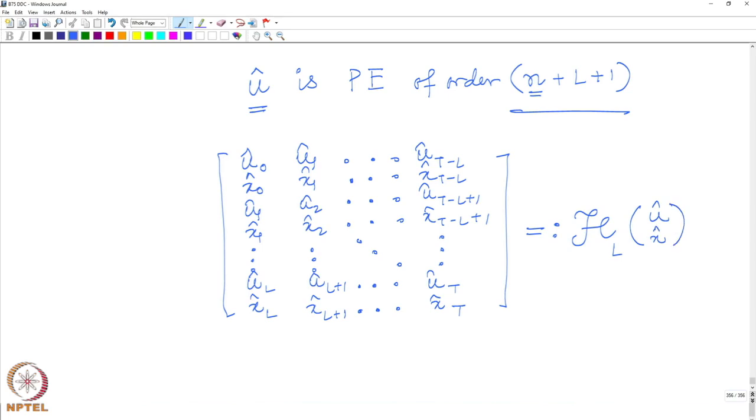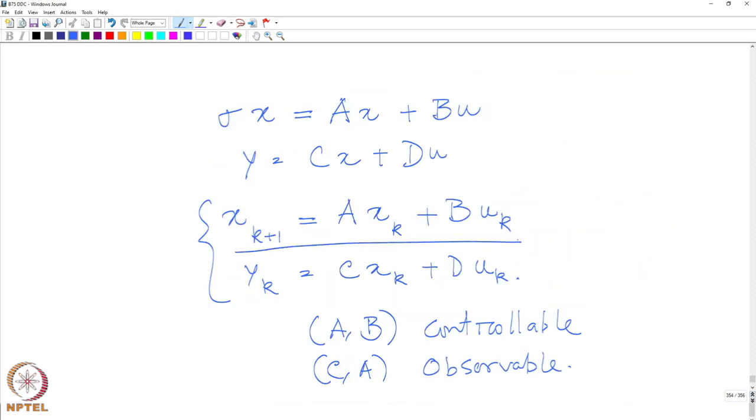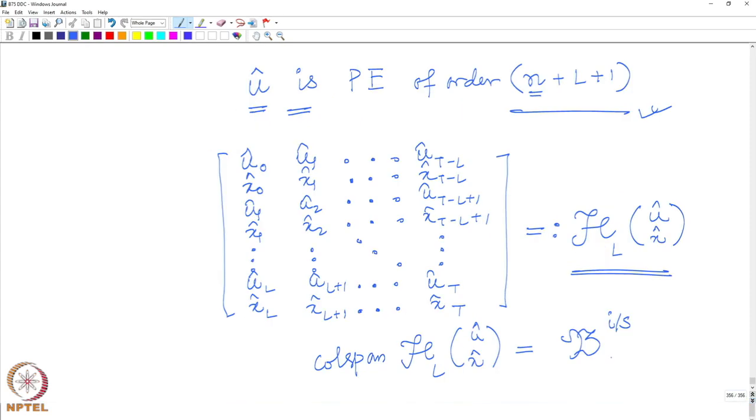When we have u hat which is persistently exciting of this order, then from our fundamental lemma I know that the column span of this matrix, u hat x hat, will be the input state behavior restricted to L. By the fundamental lemma, this is true.